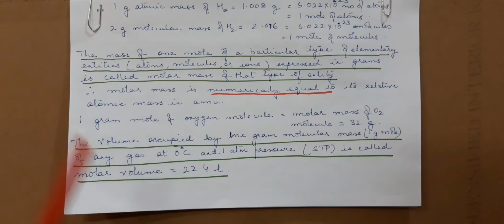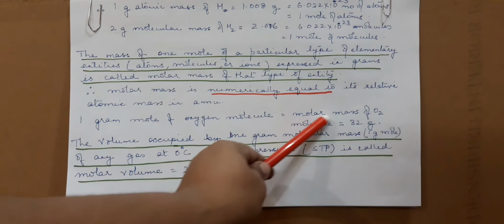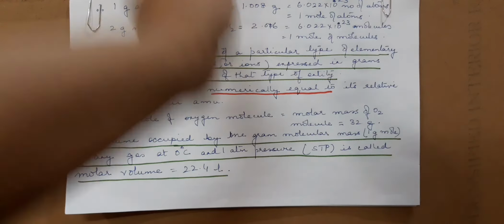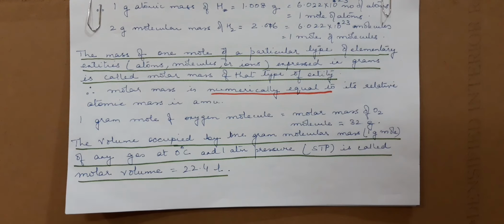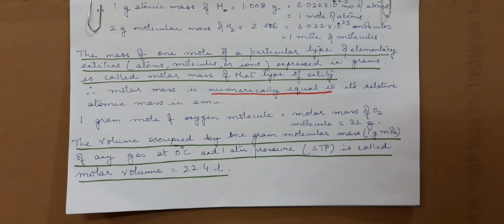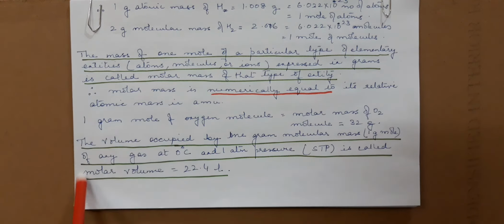Okay, that means 1 gram mole of oxygen molecule, the molar mass of oxygen molecule, would be 32 grams, because atomic mass is 16. Okay, so molar mass is the mass of 1 mole of any entity, and the volume occupied by 1 gram molecular mass at STP is called its molar volume.